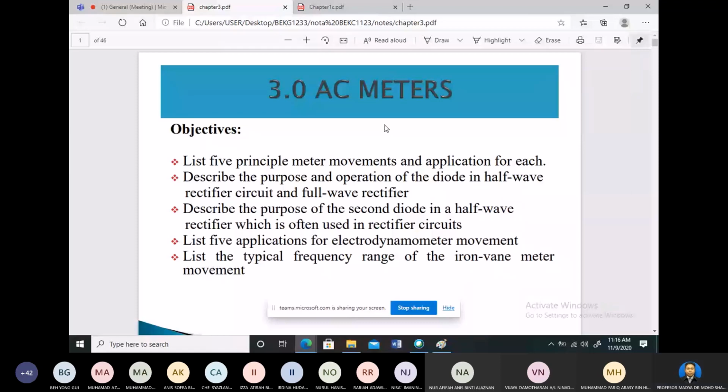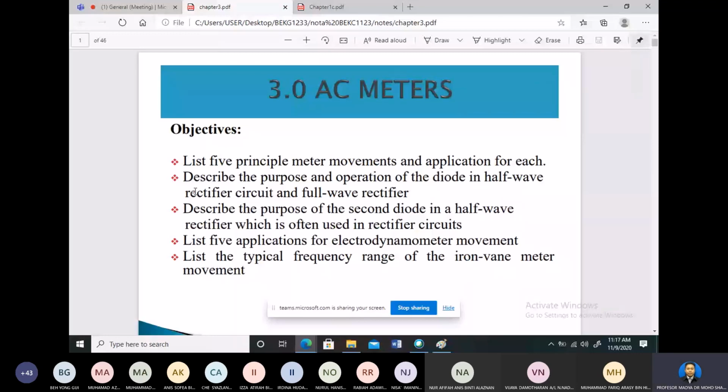The function of a rectifier is to convert from AC, alternating current, to DC, direct current. You have to remember this one.